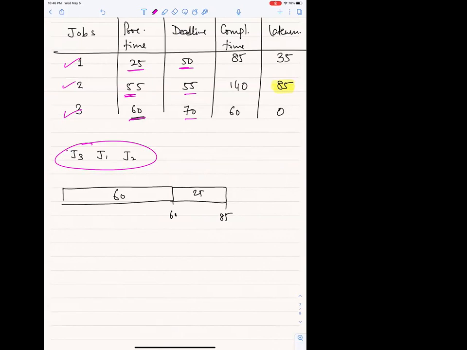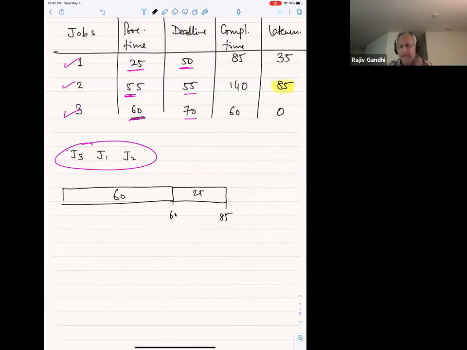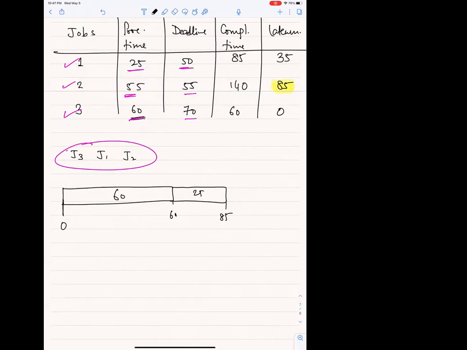I don't know how to calculate completion time from processing time and deadline. Okay, completion time is you schedule the job at time 0 and then you just add it, that's all.